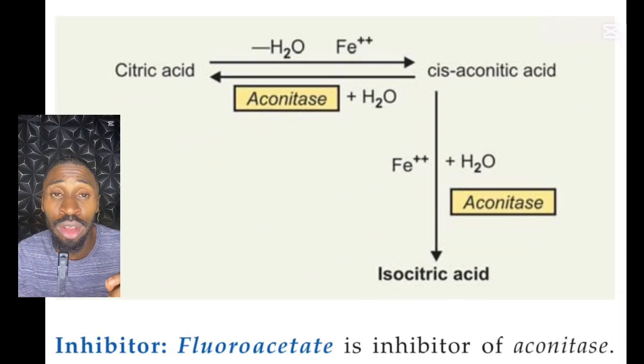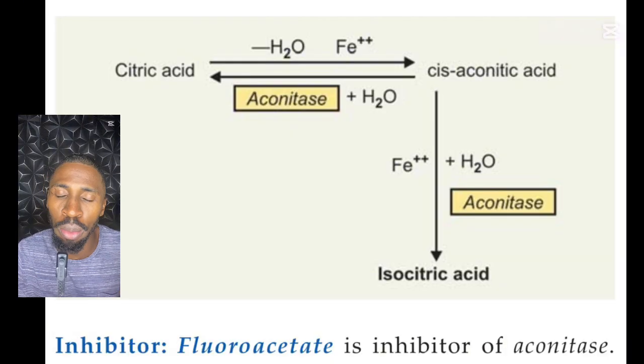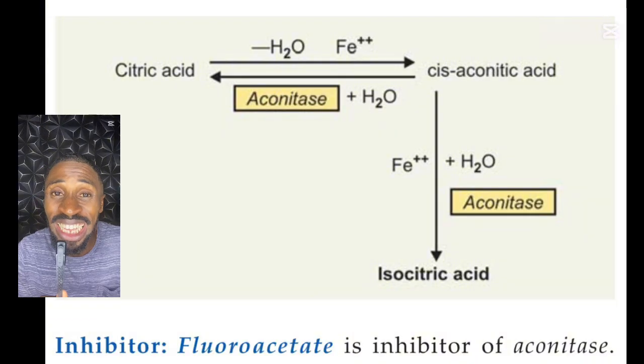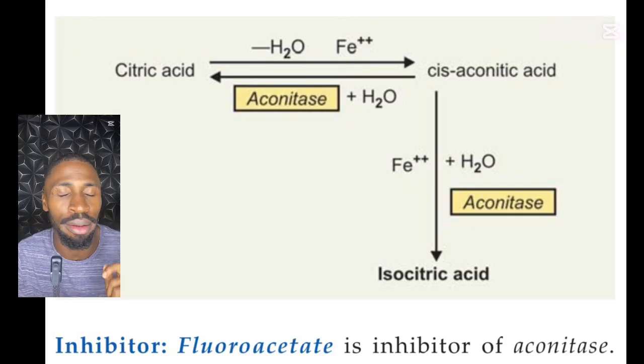So now we have formed citrate. Citrate can be isomerized to form isocitrate. But before it gets isomerized, it will undergo 2 stages. First of all, the dehydration stage, where you remove water to form cis-aconitate. So first of all, citrate will form cis-aconitate by removing water.